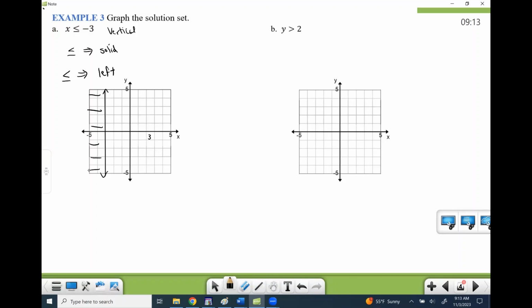Okay. All right. y equals 2 is actually going to be a horizontal line at y equals 2. So right here is where y equals 2. Now, since it's just a greater than, that implies that this is going to be dashed. So I'm going to go get a dashed line.